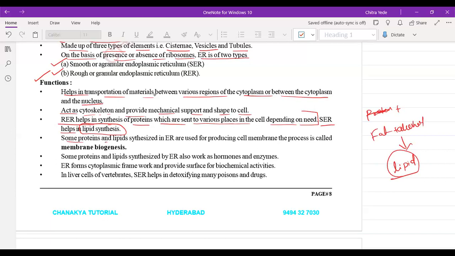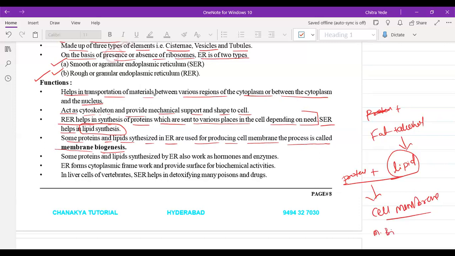Some proteins and lipids synthesized by endoplasmic reticulum are used for producing cell membrane in a process called membrane biogenesis. So this fat and protein are used for the formation of the cell membrane, and it is called membrane biogenesis.